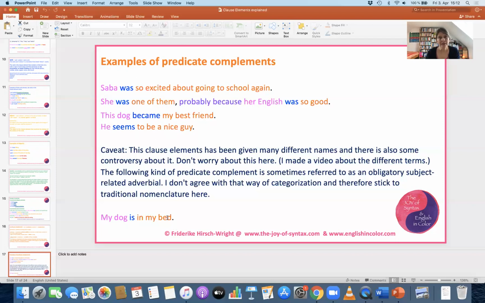And there are some grammarians who say that this in my bed is a prep phrase functioning as subject-related obligatory adverbial of place. Now, I don't agree with that because I think that this type of categorization violates the function versus form dichotomy, but that's also a longer story.